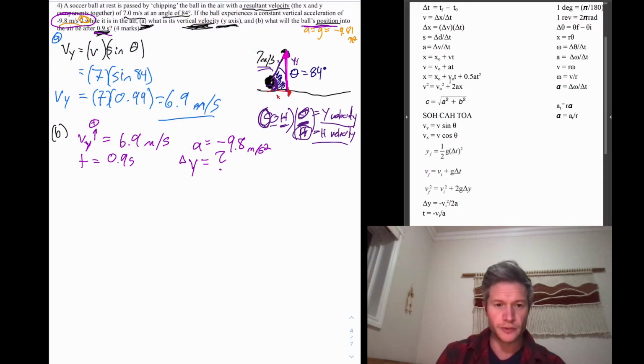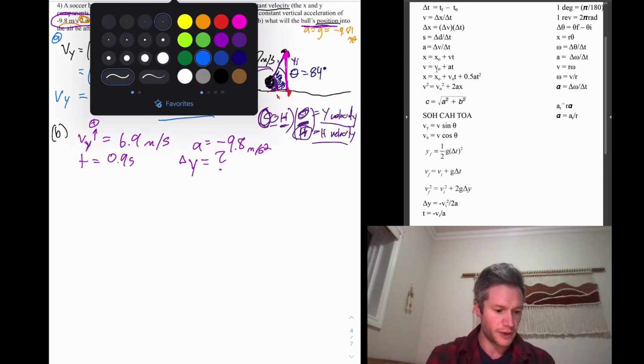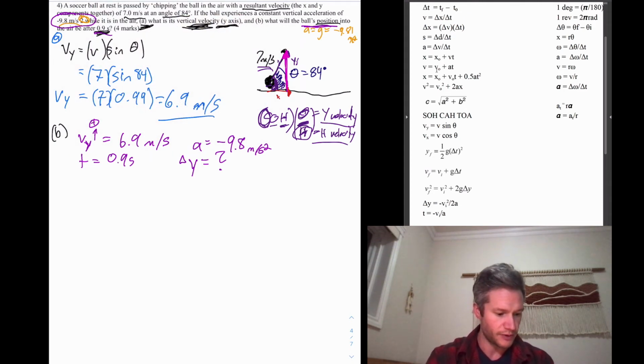Great. Okay, so we can start looking at our equation sheet here, the variables that we have, and what we're trying to look for. The one thing we also don't have is V final. So this is our V initial on the y-axis.